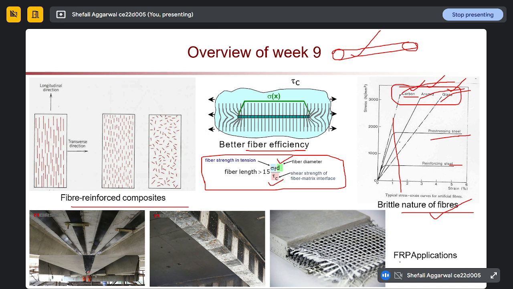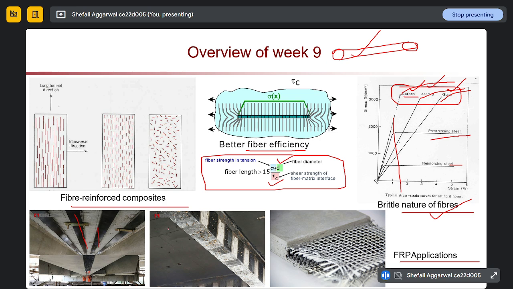Other than this, where all are we using FRP bars? We are using them for the pre-stressing of bridges. So these are pre-stressed. How are they pre-stressed? Laminates are being pasted. From one end they will anchor it, and then they will stretch and anchor from the other end. In this way, your FRP laminates will behave as pre-stressing laminates.